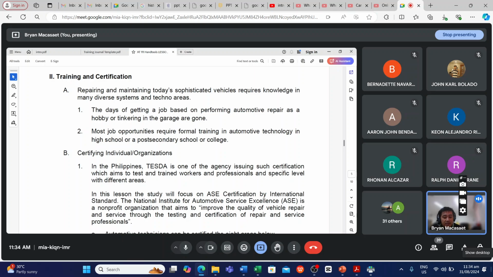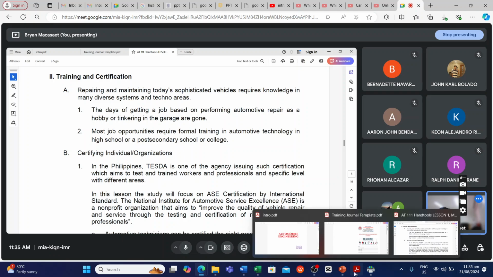Ang ASE, ang ibig sabihin ay National Institute for Automotive Service Excellence. It is a non-profit organization that aims to improve the quality of vehicle repair and service through the testing and certification of repair and service professionals.